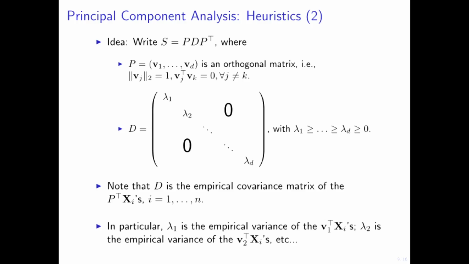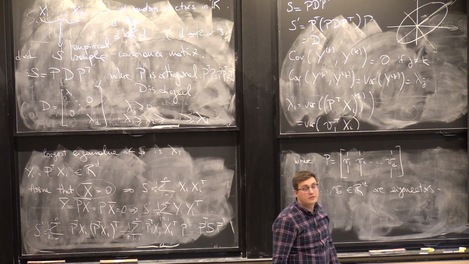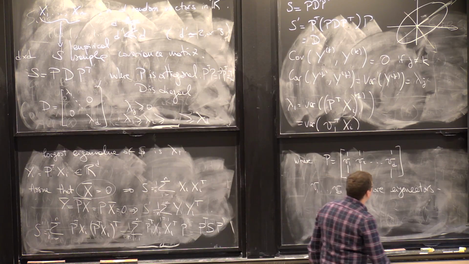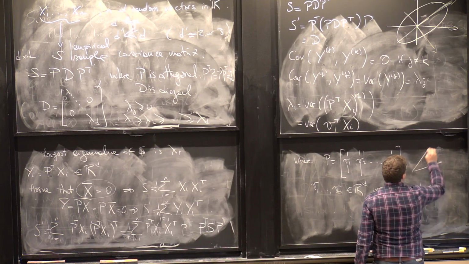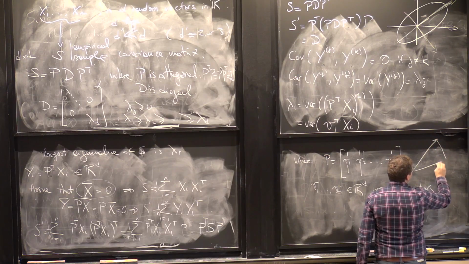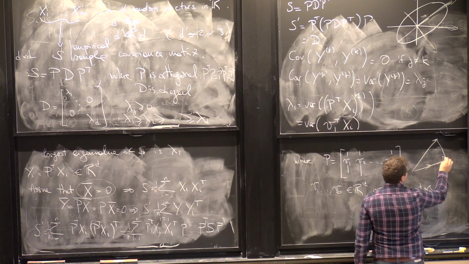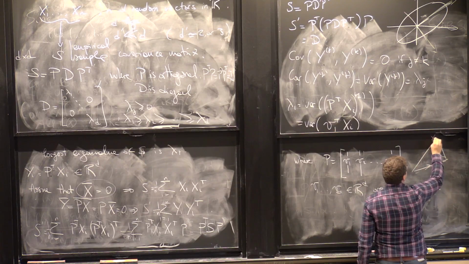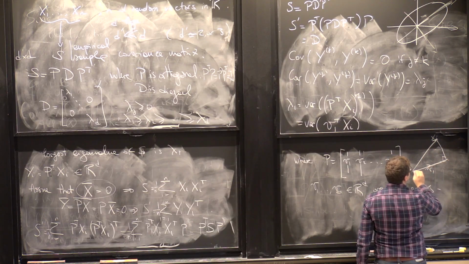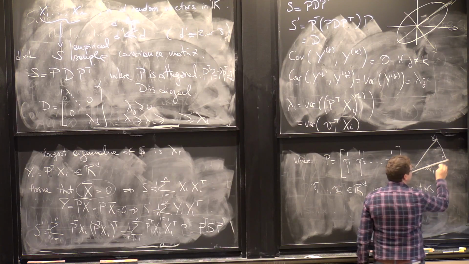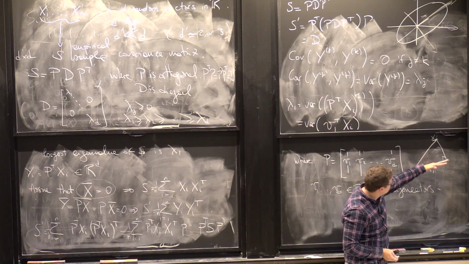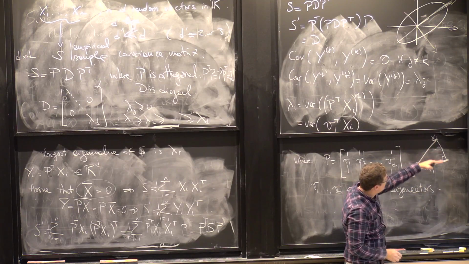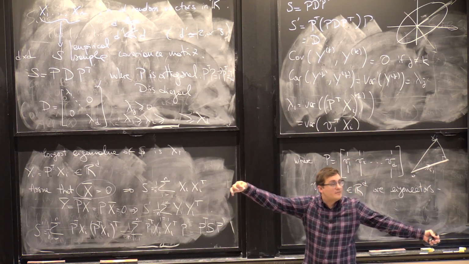So when I look at lambda 1, it's just the variance of the inner product of xi with v1. And we made this picture: let's say v1 is here, and then xi is here. If v1 has a unit norm, then the inner product between xi and v1 is just the length of this guy here. So that's the length of xi when I project it onto the direction that's spanned by v1.